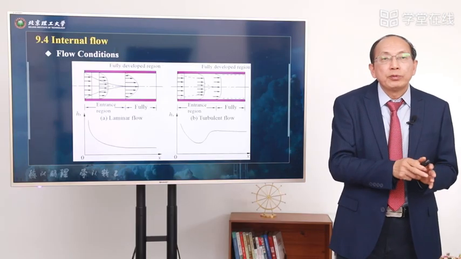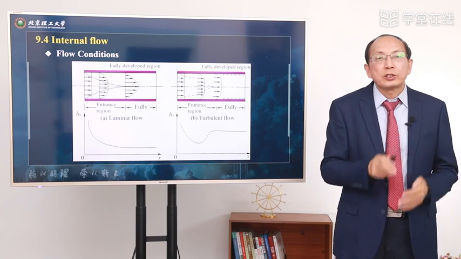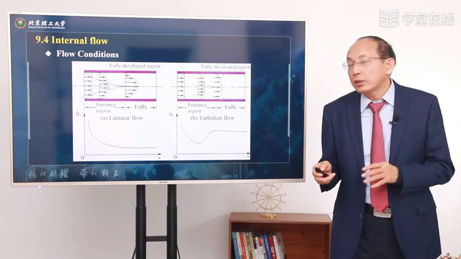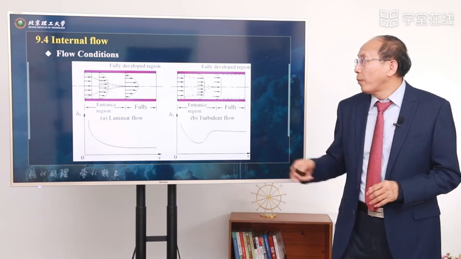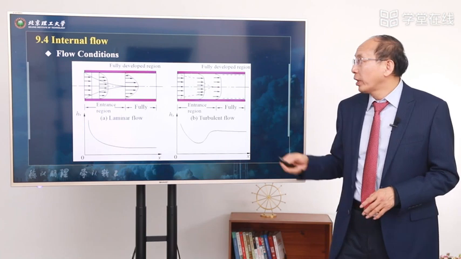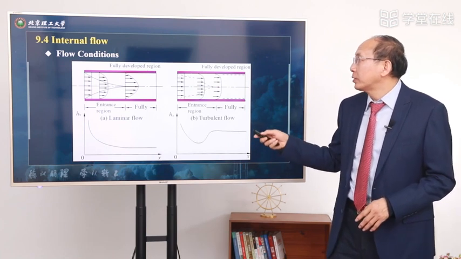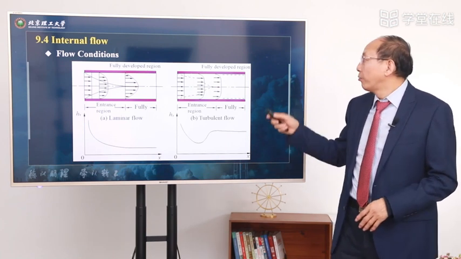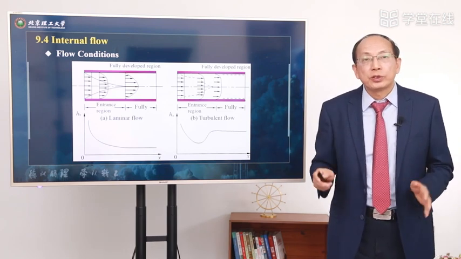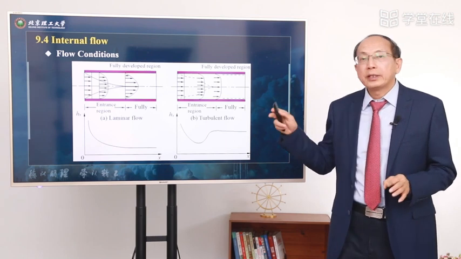In the tube flow, if the flow distance is small, we call it the entrance region. But if the flow distance is very long, we call it the fully developed region. The fully developed region differs for different flow modes, laminar flow and turbulent flow.